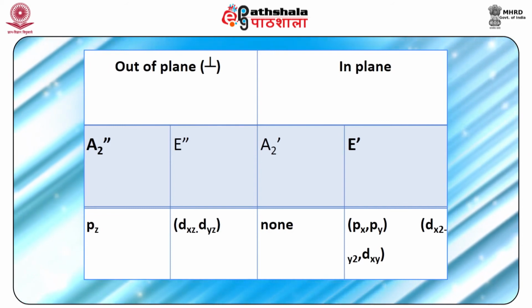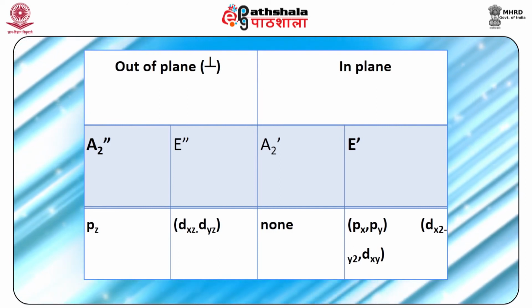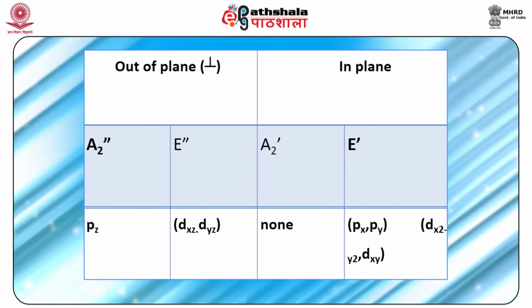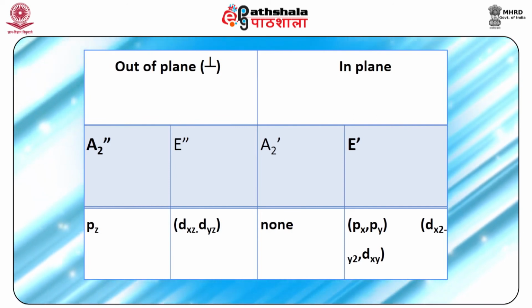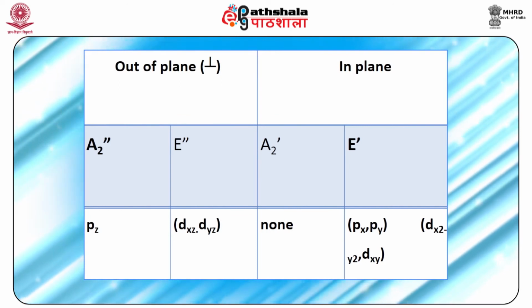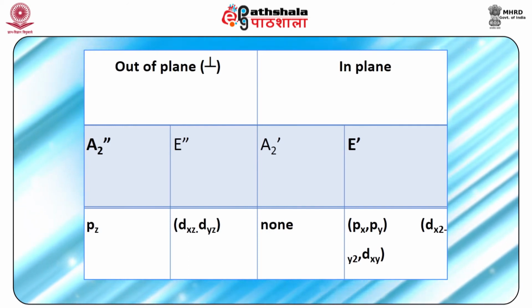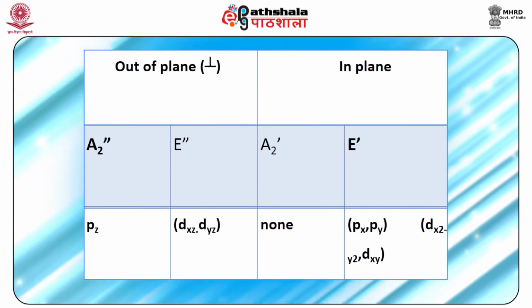Thus, in the plane of the molecule, no three equivalent pi bonds involving the px, py, dx square minus y square, dxy set are formed. It does not mean that no pi bonds are formed in the plane of the molecule. It only means that two pi bonds are formed in plane involving three chlorine atoms. That is, two pi bonds are shared equally between three chlorines in the BCl3 molecule.